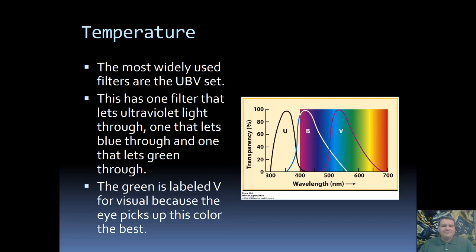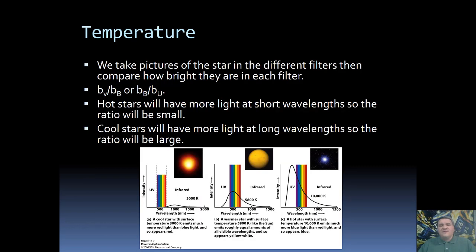So what we can do is take a picture in two filters and then compare the brightness of the star in those two filters. For example, looking at this middle star, this is actually our sun. We're going to take a picture in the ultraviolet and a picture in the blue.